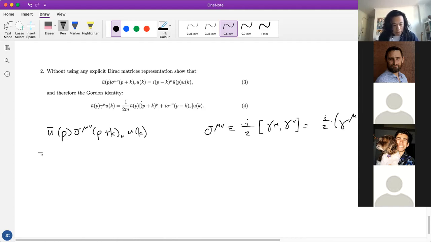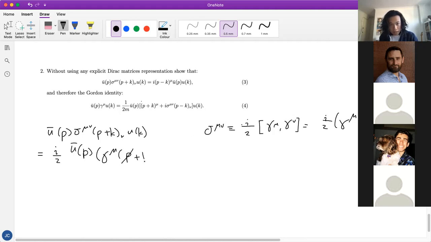So we get i on 2, u bar of P, and then gamma mu, and then gamma nu times this (P plus K) lower nu. We can simplify this a bit by using slash notation, since this is a lowercase nu, this is uppercase nu. So this second gamma matrix will contract with these two under Dirac notation.